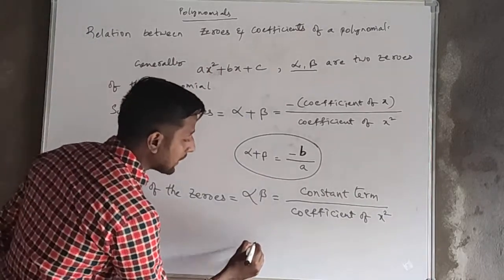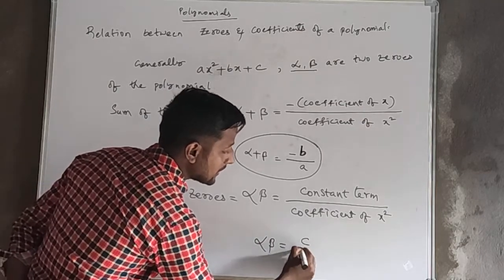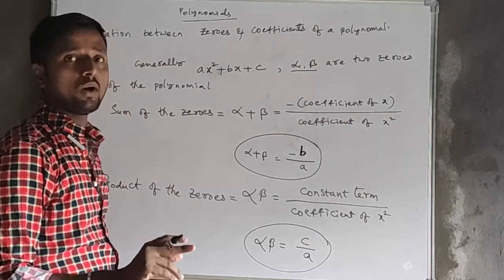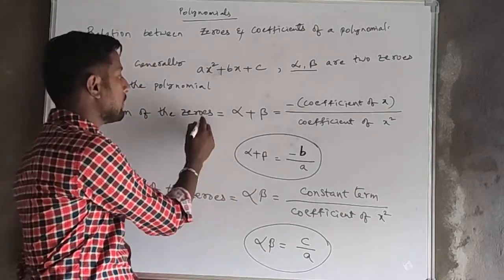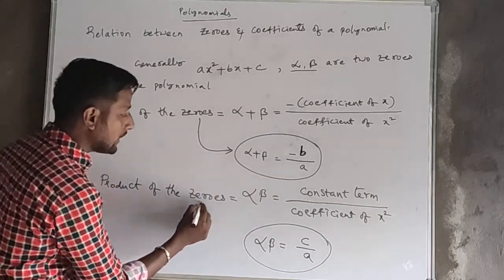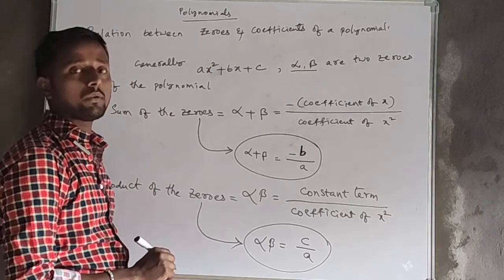So alpha beta is equal to c by a. So two relations we found here. One is the sum of the zeros, that is minus b by a, and the second one is the product of the zeros, alpha beta, that is equal to c by a.